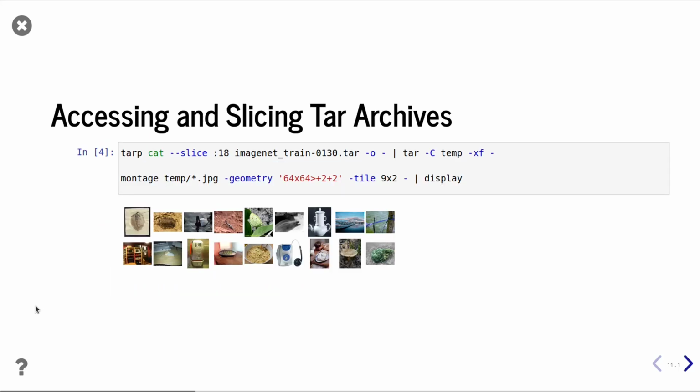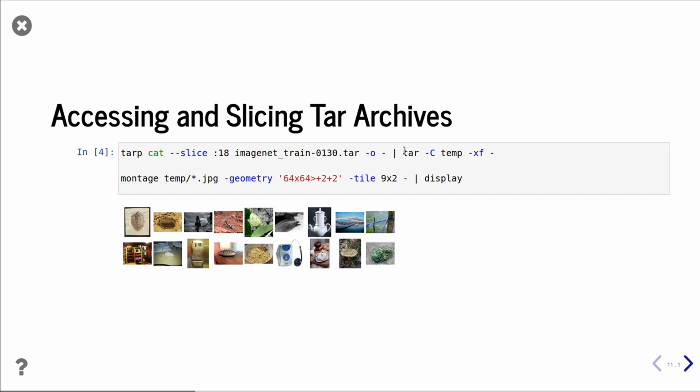Let's start by building a little tool using tarp-cat. The tarp-cat command, just like the regular cat command, copies things from somewhere to somewhere, with possibly a little bit of transformation. So what we're doing here is we're saying that we want to take a slice of the input data, namely select the training samples up to training sample 18, from the ImageNet train.tar archive, and output those samples to standard out.